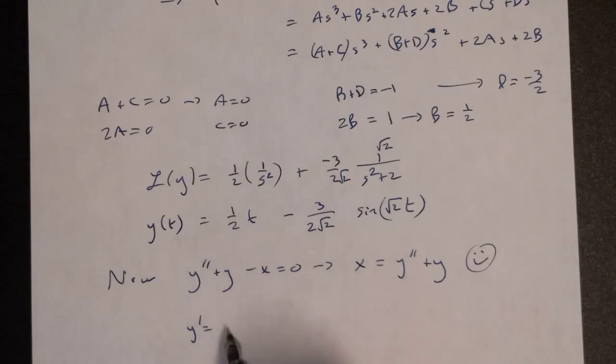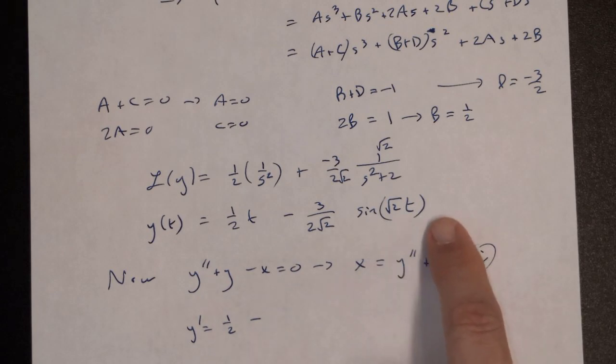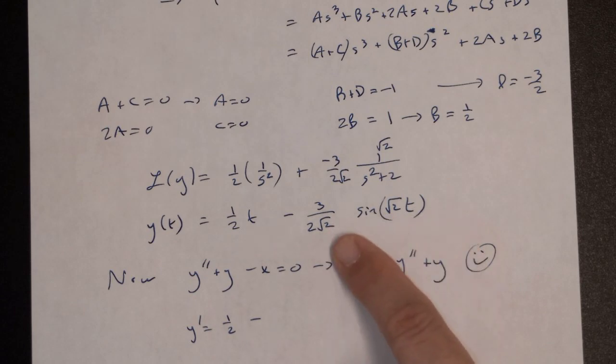Y prime is 1/2 minus, there's a sign, but it'll be cosine root 2t, and then there'll be an extra root 2, right? Chain rule, which means it'll cancel the root 2 on the bottom.